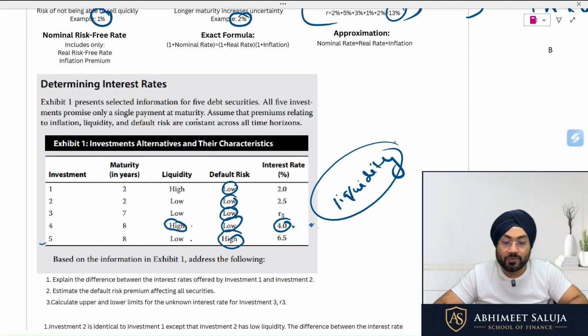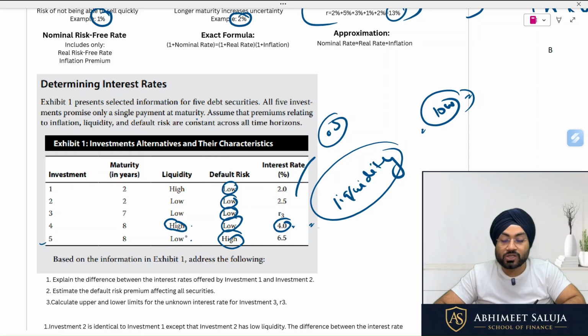What if I make this liquidity low? If I make the liquidity of this instrument low, then it has to give me a higher interest rate. We calculated the liquidity premium as 0.5% in the earlier question. So if this instrument had lower liquidity, we need to add 0.5 to adjust for the liquidity premium.